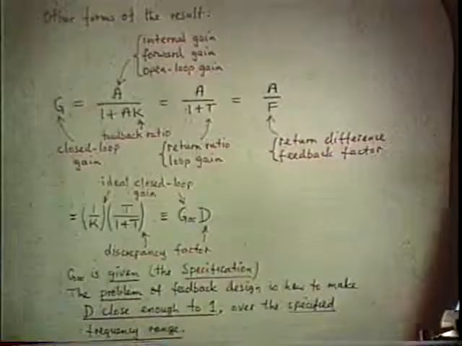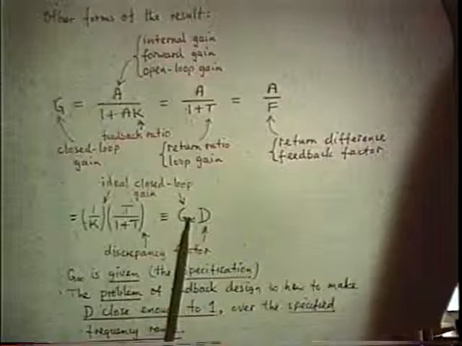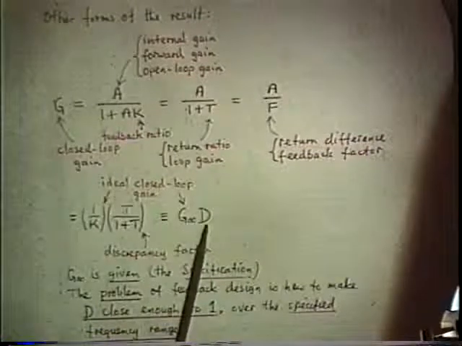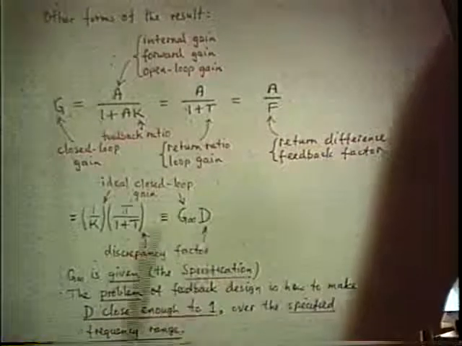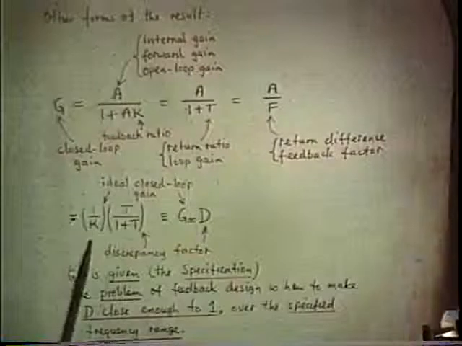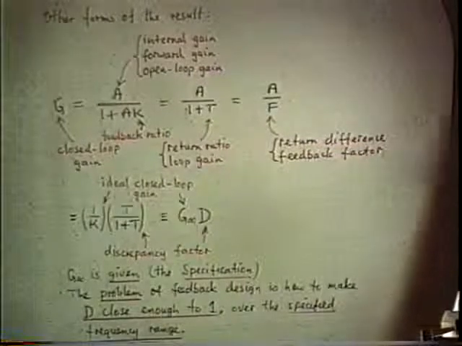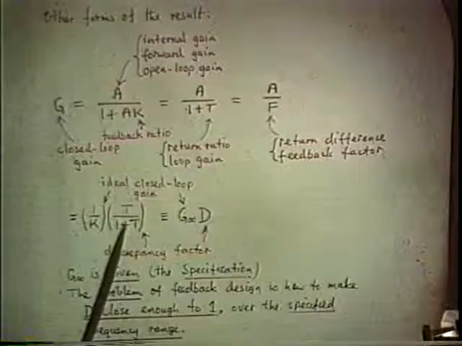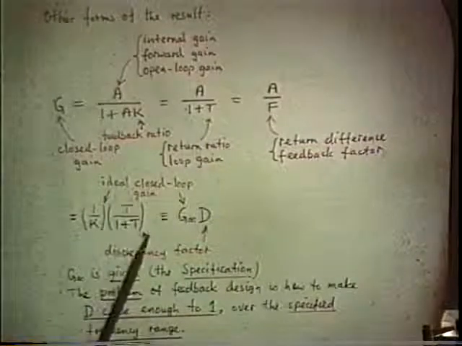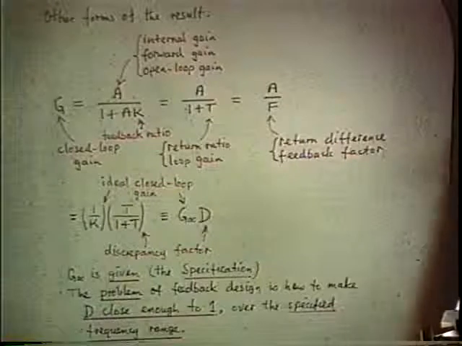Because the closed loop gain of the system is now identified as the product of two factors. The G infinity, which is simply defined as 1 over K, and the reason for that choice of symbol is because the other factor, T over 1 plus T, is almost 1.